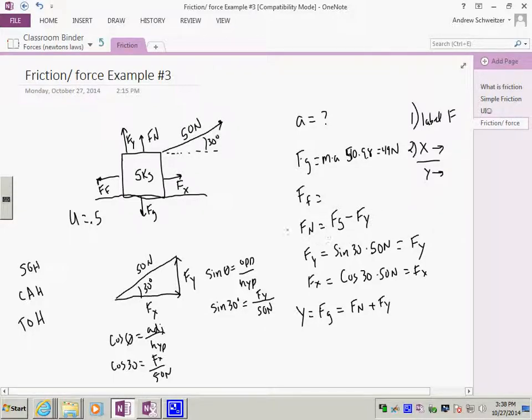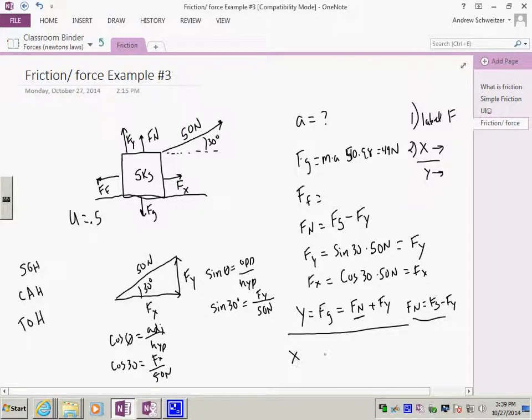So I just isolate this guy and solve for F_n. My y component is balanced. I'll just rewrite that: force normal equals force of gravity minus force y. Let's just rearrange that.